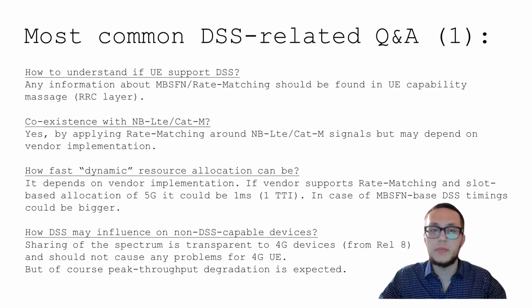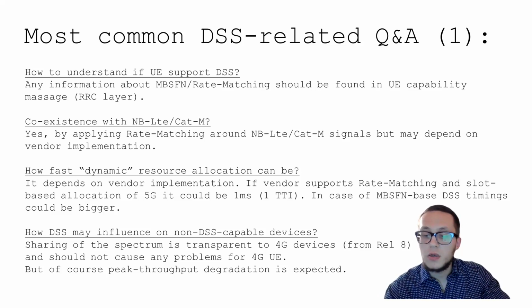How fast can dynamic resource allocation be? Well, usually it is on TTI-based level, so about 1 millisecond, but it seems to me that in some cases related to MBSFN transmission, if we use a lot of MBSFN subframes, timings could be a little bit bigger.